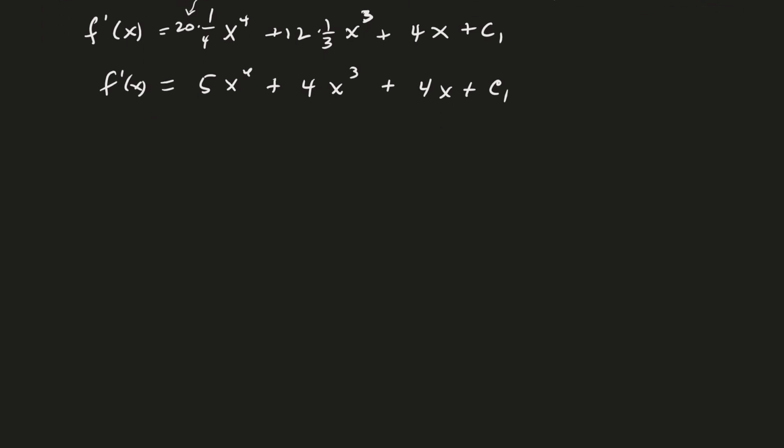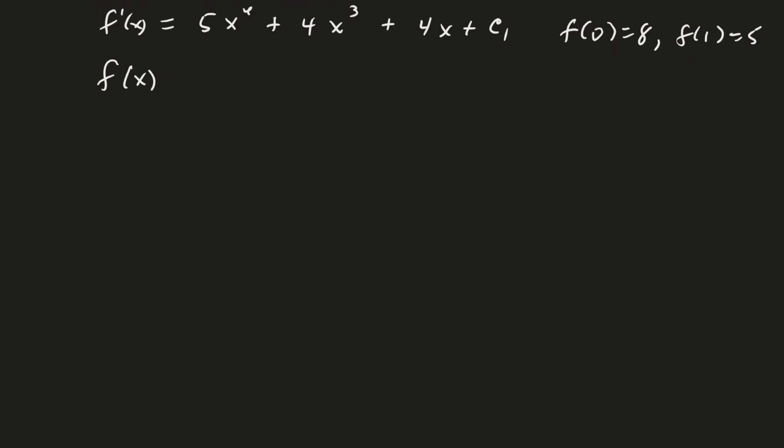Okay, and so now I want to anti-differentiate again. I'm going to go ahead and bring these down. F of 0 equals 8, f of 1 equals 5. Now we anti-differentiate again. That's going to be x to the 5th divided by 5, and now I have 5 over 5, right? Plus, that's x to the 4th.